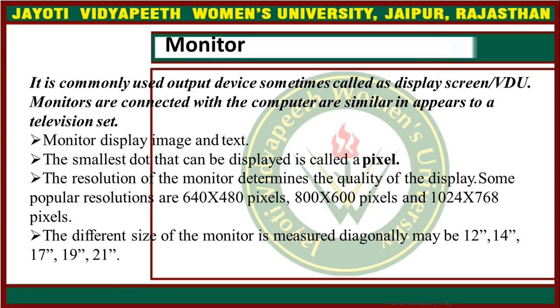The resolution of the monitor determines the quality of the display, and some popular resolutions are 640 by 480 pixels, 800 by 600 pixels, and 1024 by 768 pixels. The size of the monitor is measured diagonally. It may be 12 inches, 14 inches, 17, 19, 21 inches. So if we are purchasing an LED or monitor, we ask for this many inches LED.